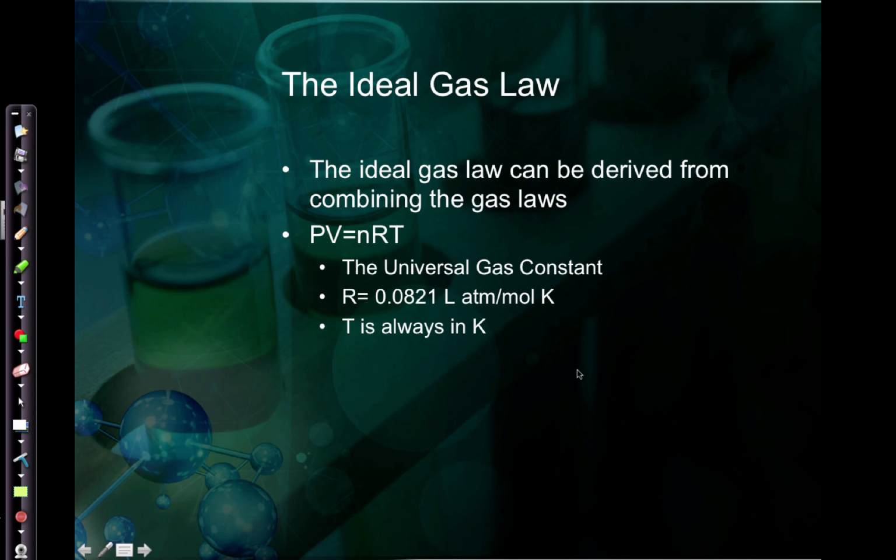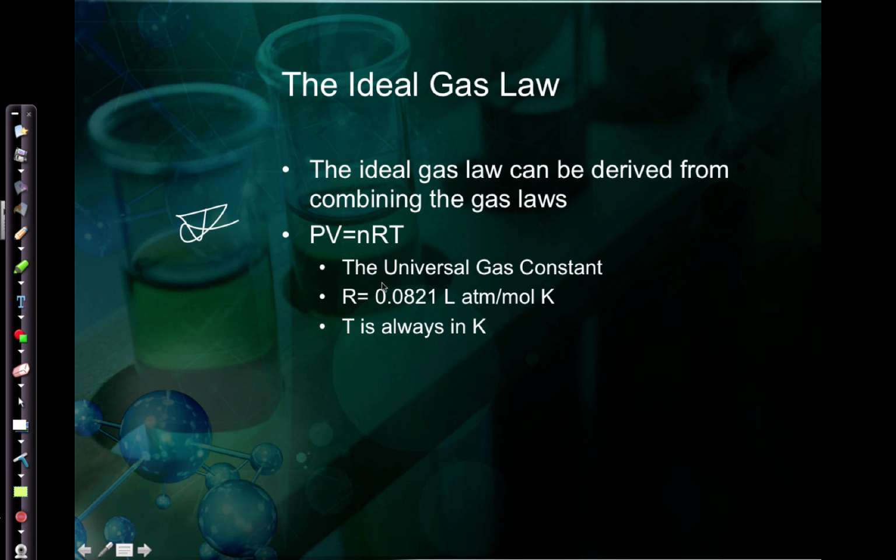All right, so the second real law that you really need to know is the ideal gas law. So the combined gas law has Boyle's law, Charles' law, Gay-Lussac's law, and Avogadro's law combined in there. Really, you just need to know those relationships. The ideal gas law is another equation, and this one will be given to you on the test. And it's PV equals nRT.